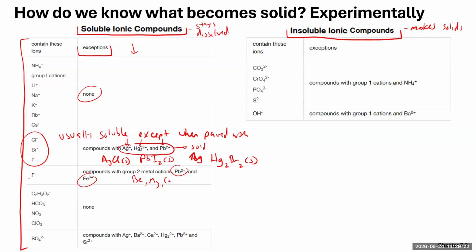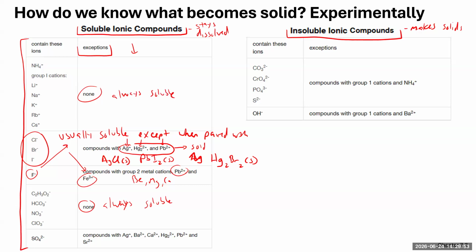So again, usually soluble except these guys. Acetate, this is acetate ion. This is bicarbonate, nitrate, and I think this is chlorate. Yeah, chlorate. There are no exceptions, always soluble. These are always soluble.